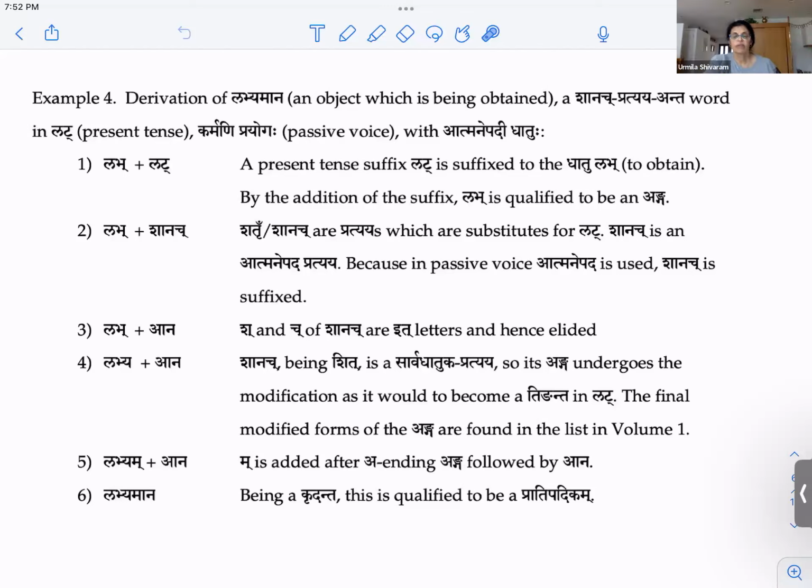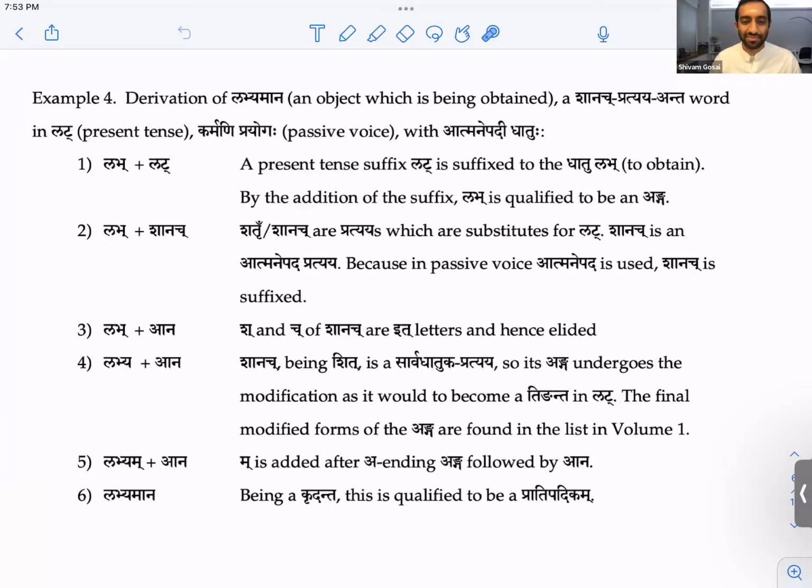It's the difference between Parasmaipada and Atmanepada: te, ite, and te as opposed to ti, te, anti. That's when we're talking about verbs. But when we're talking about this, the same thing applies here. Here you'll get either Shatra if it's Parasmaipadi, or if it's Atmanipadi, you get Śānac, unless it's Karmani, and then you get it for both.